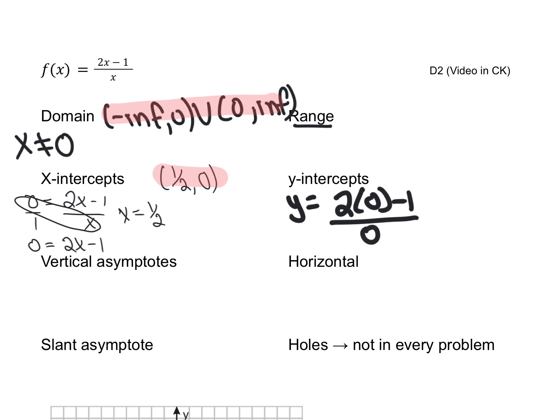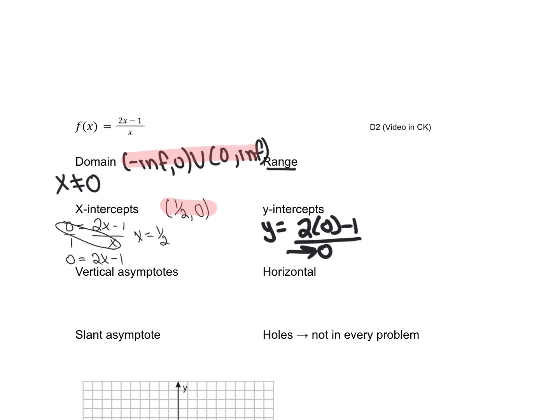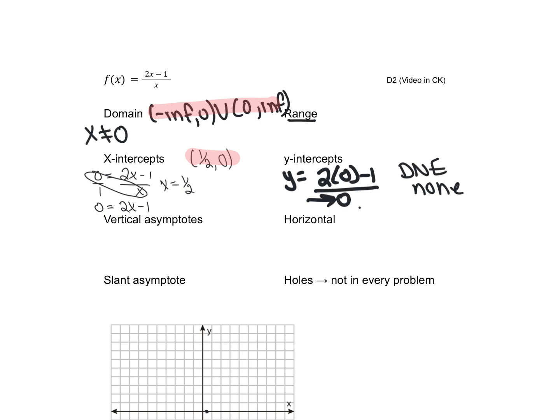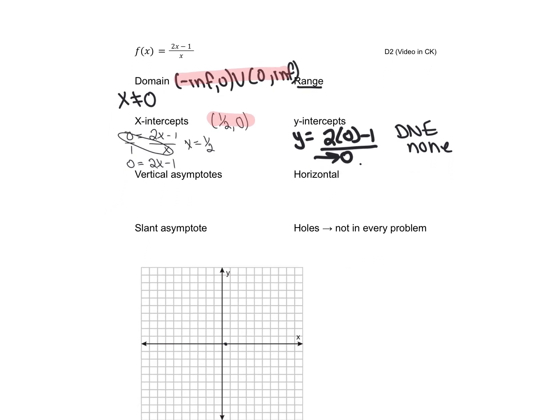Well, we've got a little trouble here, don't we? Because we can't divide by 0. So what does that mean? That means there is not a y-intercept. A y-intercept does not exist, or there is none, however you want to say that, because you can't divide by 0. So we have no y-intercept, and there's nowhere we need to plot a point for that.